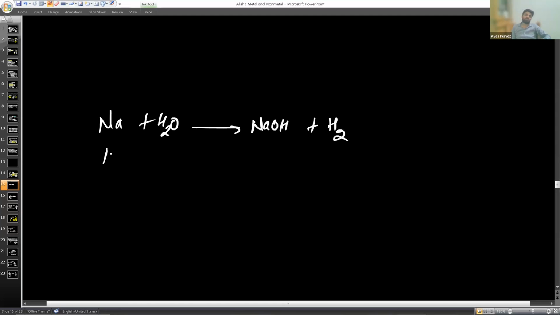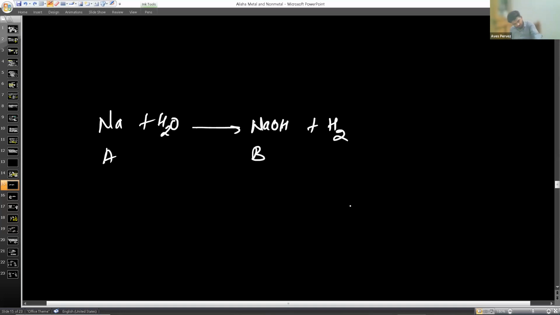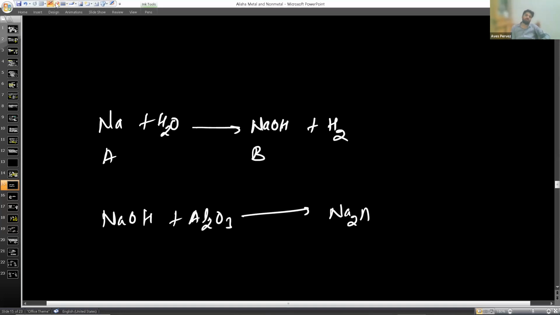This is A and this is B. And when B reacts with Al2O3, it gives sodium aluminate, NaAlO2, plus water. So this is compound C.